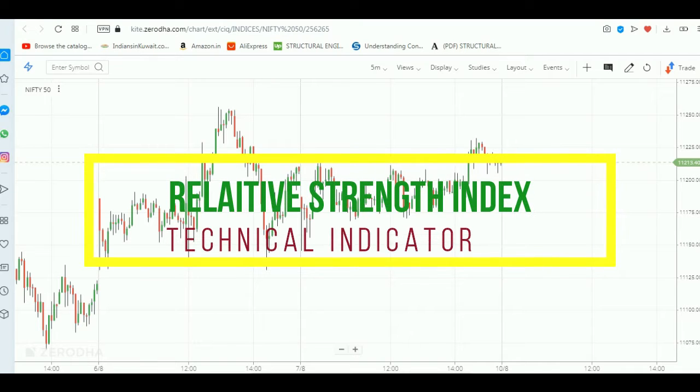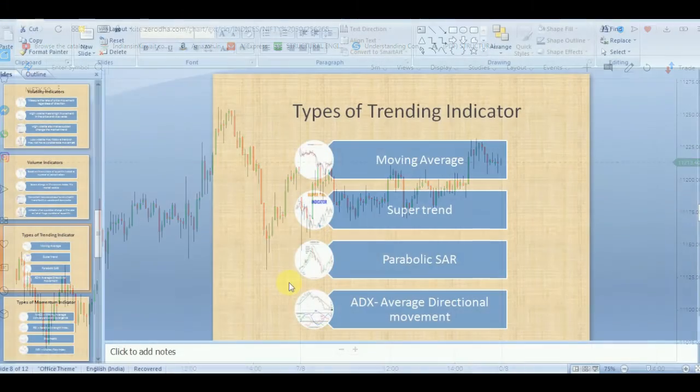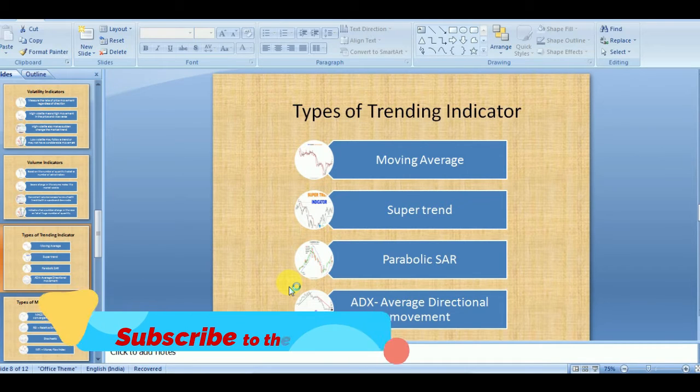Today I came up with a technical indicator called RSI. Before going into the video, we already discussed some of the technical indicators, and in the trending indicator segment we already discussed 4 technical indicators that are majorly used by traders.